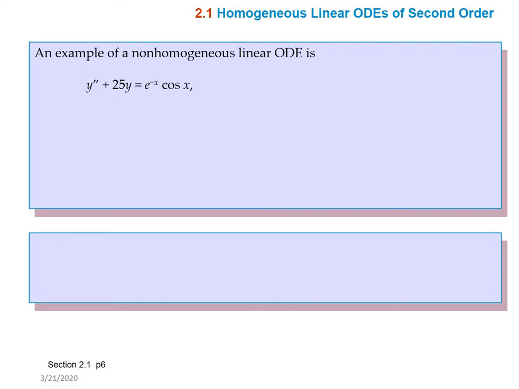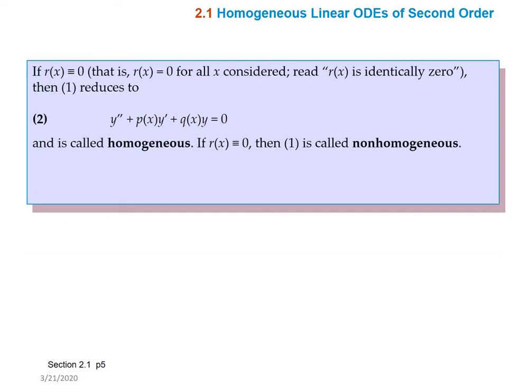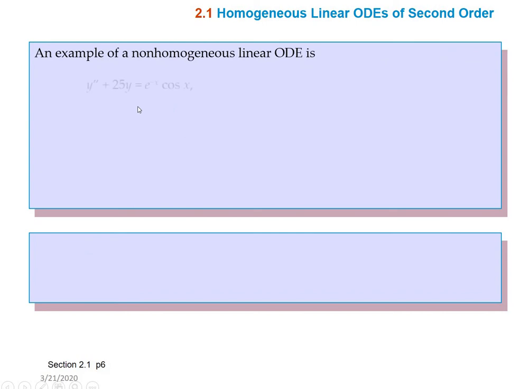The coefficient of y prime is 0. Since p of x could be any function, I choose p of x equals 0. So this is non-homogeneous, again, because I do have a non-zero term on the right.